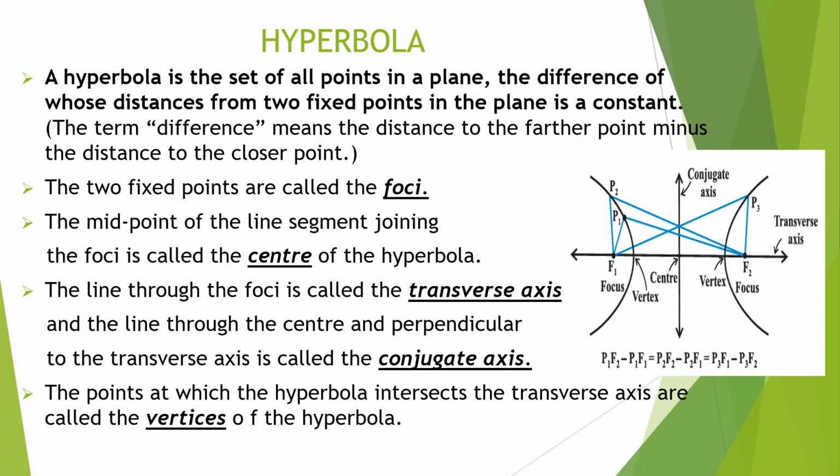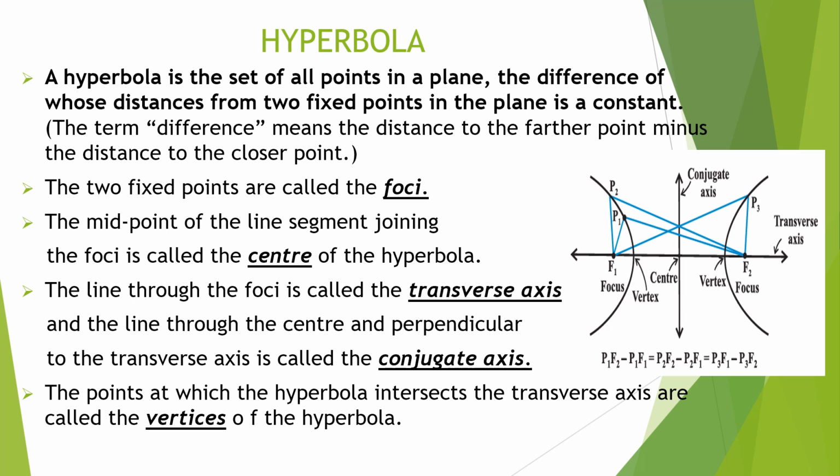Next is the hyperbola. A hyperbola is the set of all points in a plane, the difference of whose distances from two fixed points in the plane is a constant. The term difference means the distance to the farther point minus the distance to the closer point. What does this mean? Over here the hyperbola is drawn.